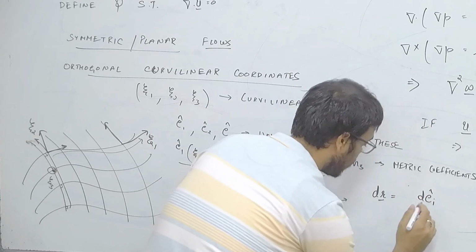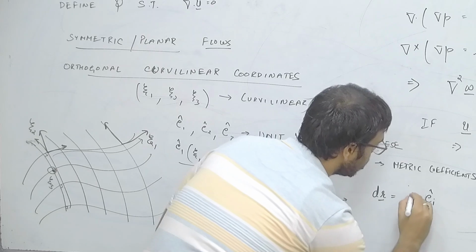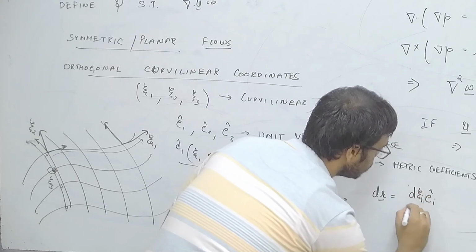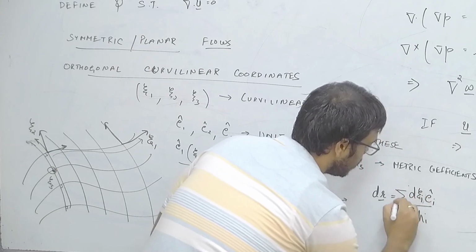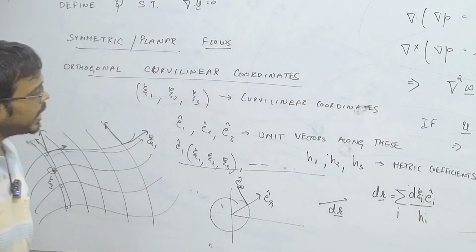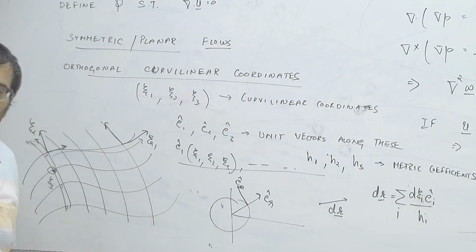How can this dr be written using my infinitesimal change in coordinates?